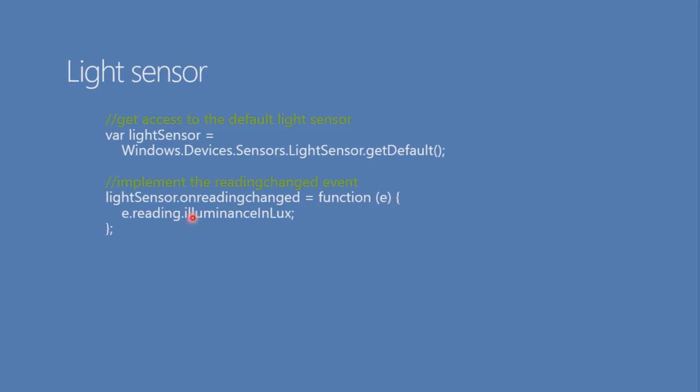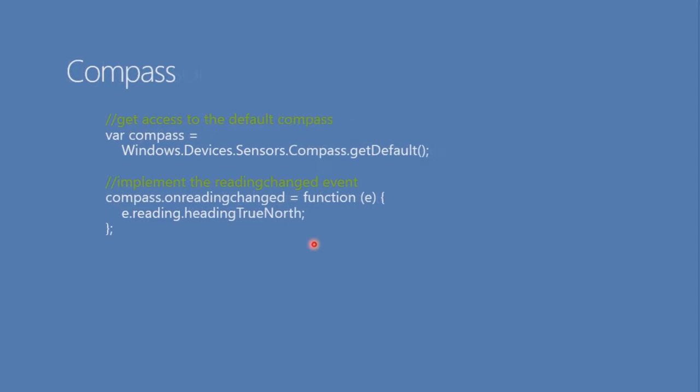In that function, you have access to the current reading, and in that reading you have access to the illuminance in lux. So this reading represents what it just determined, and every time it determines something new, this event fires, and you have access to how bright it currently is. So that's a super simple one.